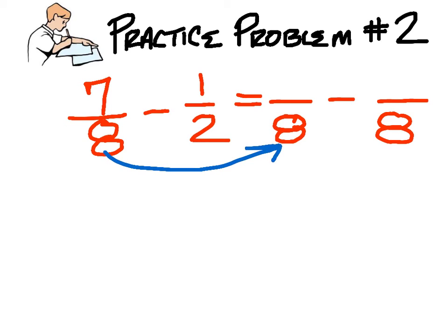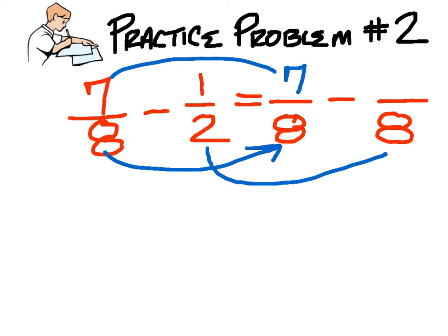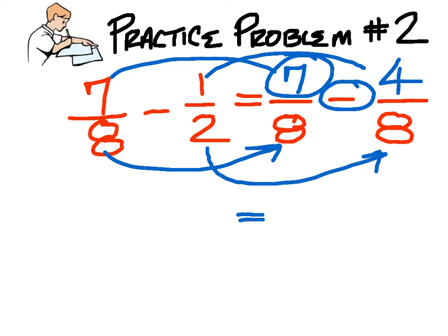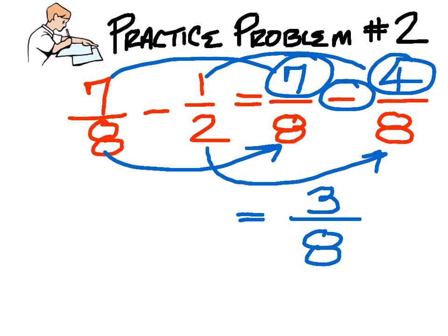To go from 8 to 8, I multiply by 1. So 7 times 1 is 7. To go from 2 to 8, I multiply by 4. So 1 times 4 is 4. But remember, you are subtracting. 7 minus 4 is 3, and then over 8. 3 over 8.